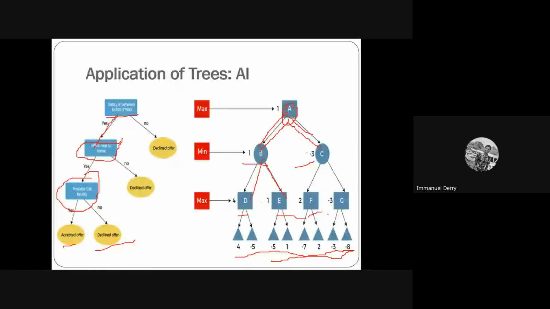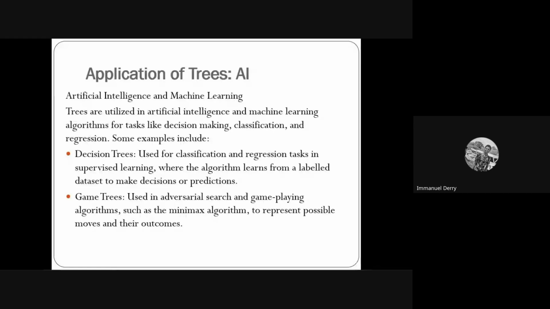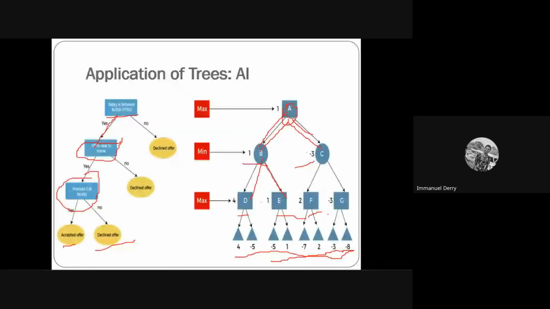So this is how the structure is built in a system like the decision tree in artificial intelligence. Each of the decisions given to it builds a tree, and then out of it, it predicts the outcome, whether to accept the offer or decline the offer for you. So this is how trees can be used in AI.